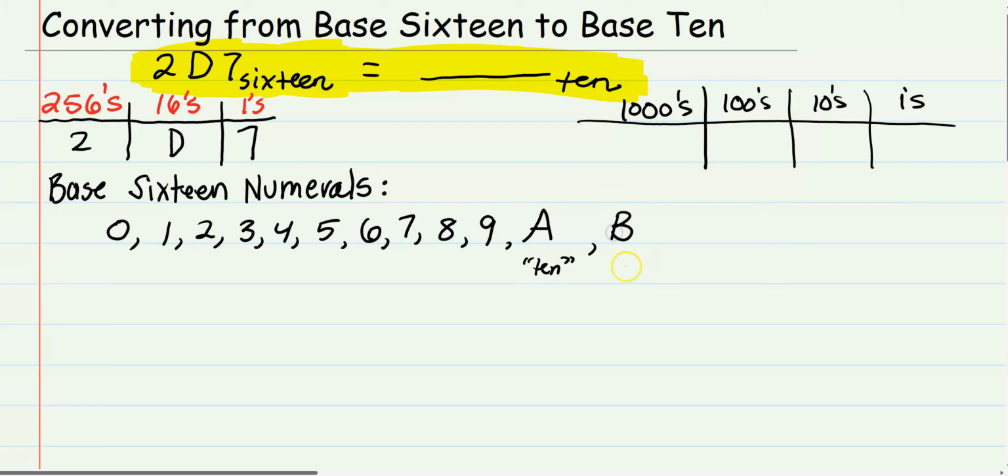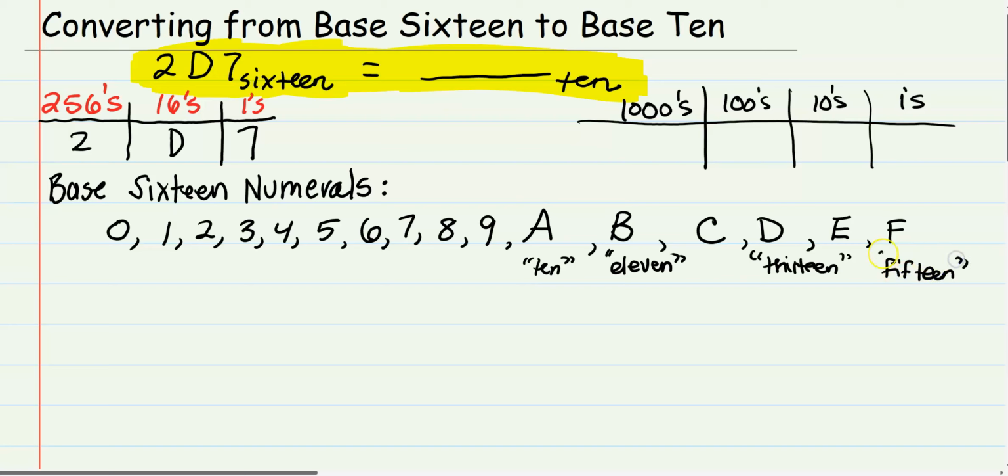And then B would represent 11, and then C, and then D. So C is a 12, and D would be 13. That's the one that we have in our number. And then E would be 14, and then F would be 15, and that is all we have.